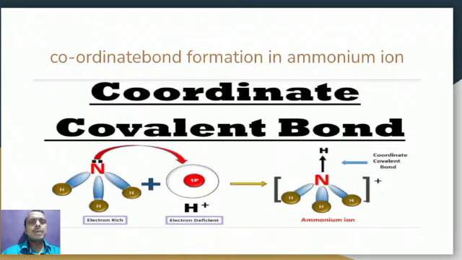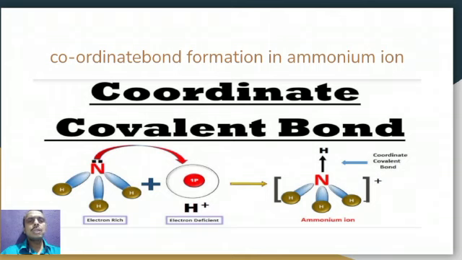Similarly, another example is ammonia with the hydronium ion, that is the ammonium ion formation. Here in ammonium ion, coordinate bond formation occurs. Now see here, the ammonia molecule is electron rich, it forms three covalent bonds and has a lone pair of electrons, while the hydronium ion has zero electrons, that means it is electron deficient.